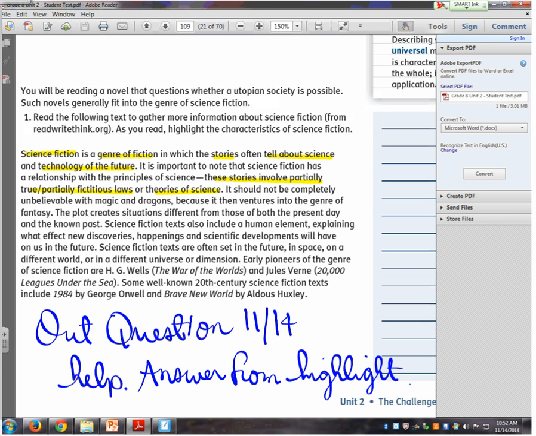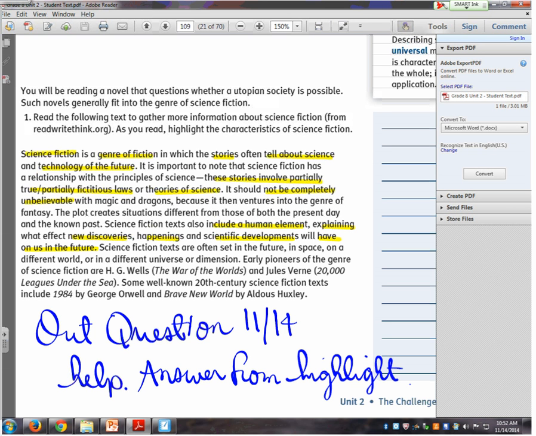It should not be completely unbelievable, rather than surprising, because it ventures into the genre of fantasy. The plot created situations different from those of the present day. Science fiction has also included a human element, explaining what effects new discoveries happening in scientific development will have on us in the future.